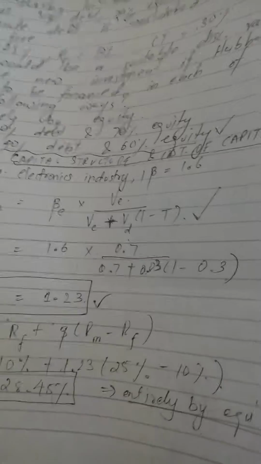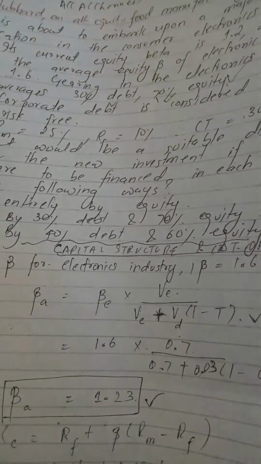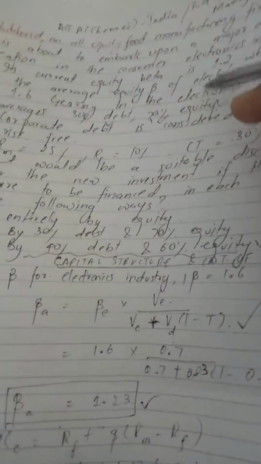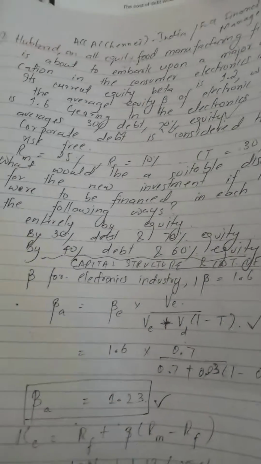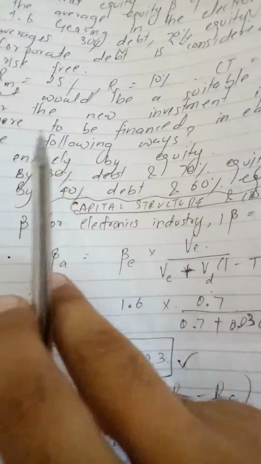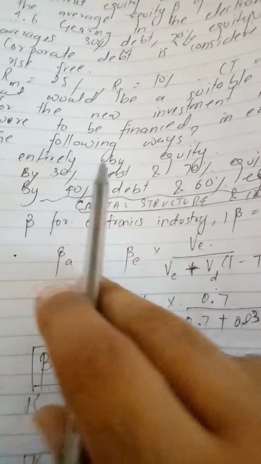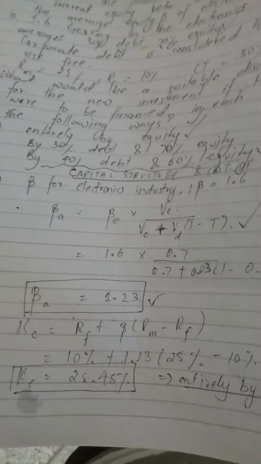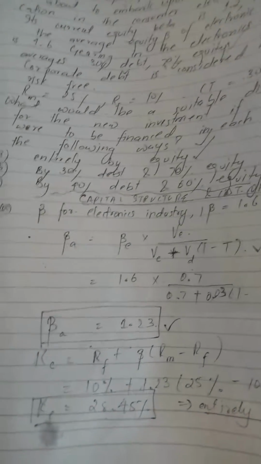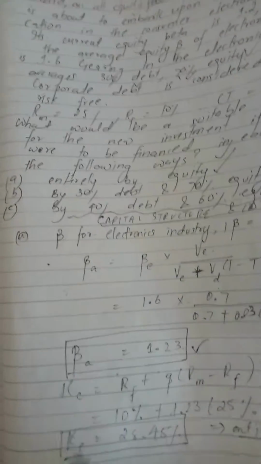But that was entirely by equity. We don't have any proportional mix, but with the help of the proportional mix we have found this 30%, 70%, 40%. This is also given here, but it was in relative terms. Now this is in reference to the Hubbard, so you have to follow this method and calculate the three parts, which have been done in front of you.